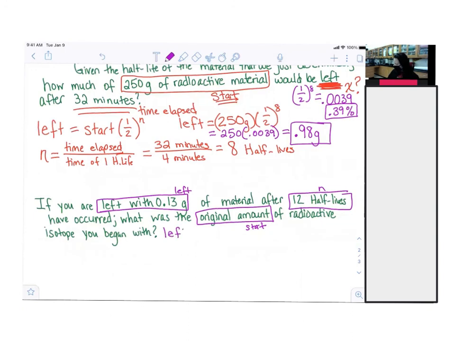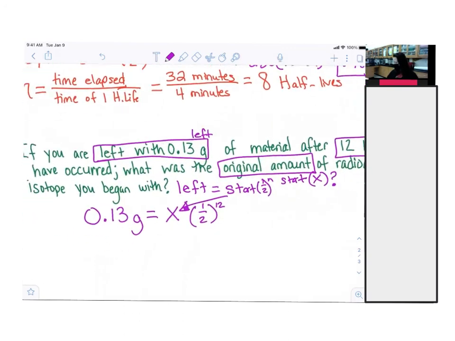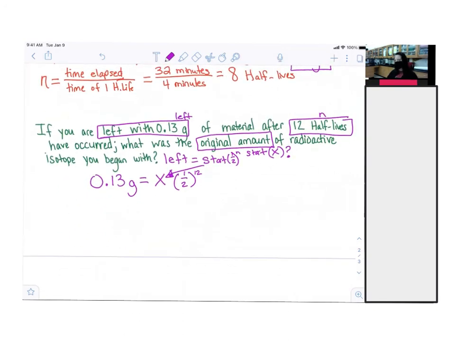The amount left is equal to the amount we start with times 1/2 to the number of half-lives. So this time, I know how much is left. And I'm going to set that equal to my original amount, which I don't know, that's my unknown, x, times 1/2 to the 12th power. So I want to solve for x in this problem.